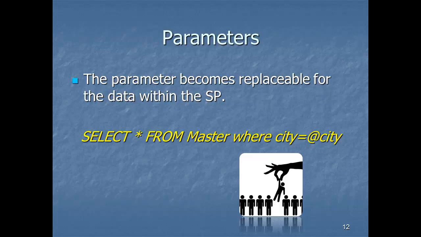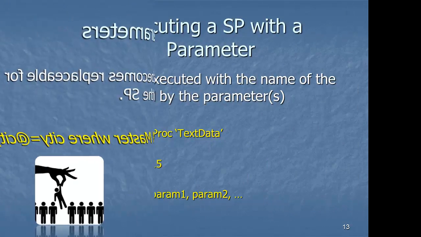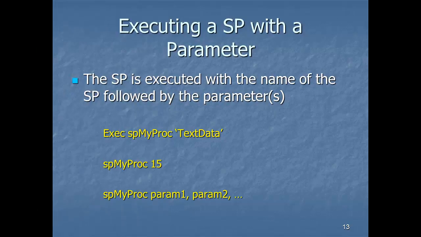In a select example, you'll see that the @city parameter placeholder will be replaced in the statement with the parameter that's passed in. Notice how I don't have to worry about the quotation marks around the data. The stored procedure is executed with the name of the stored procedure followed by the parameters, and again, as I mentioned, the EXEC is optional.